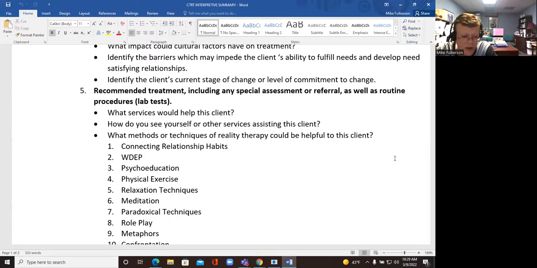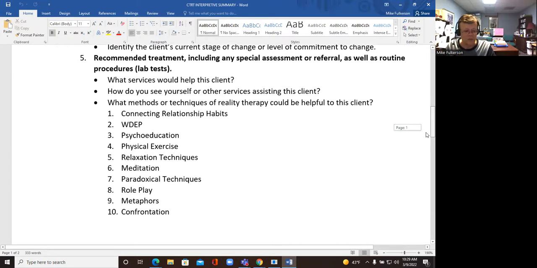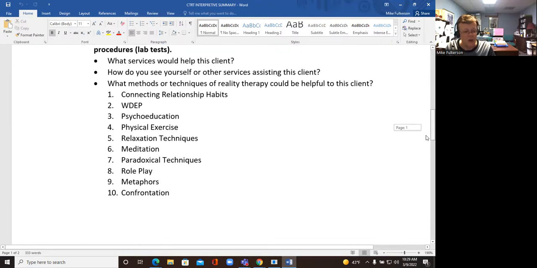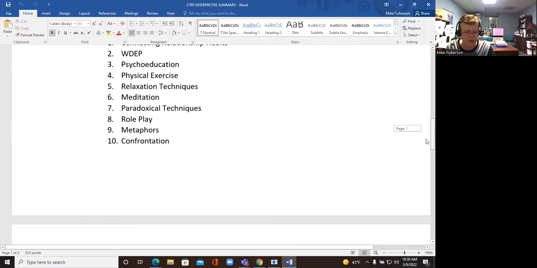As I mentioned before, using the connecting relationship habits throughout the therapy, but especially in working with clients that are in those early stages of change, using the WDEP, or the process of reality therapy, the psychoeducation, physical exercise, relaxation techniques, meditation, paradoxical techniques, role play, and using metaphors, and also confrontation, which a lot of that in reality therapy is done indirectly through the self-evaluation questions.